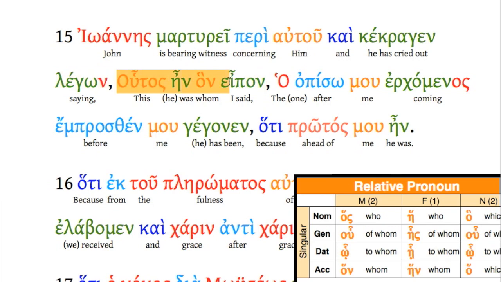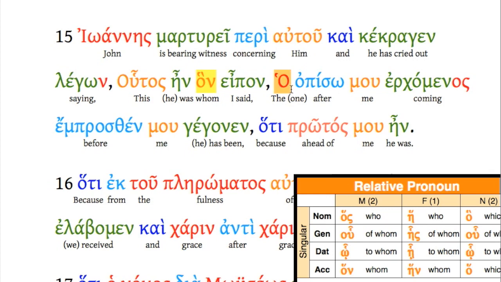Here's our phrase right here we need to focus in on. Houtos is a demonstrative pronoun. We'll get to that very soon, but it means this. So this one is he. I said whom. Now, here's our relative clause right here. I said him.